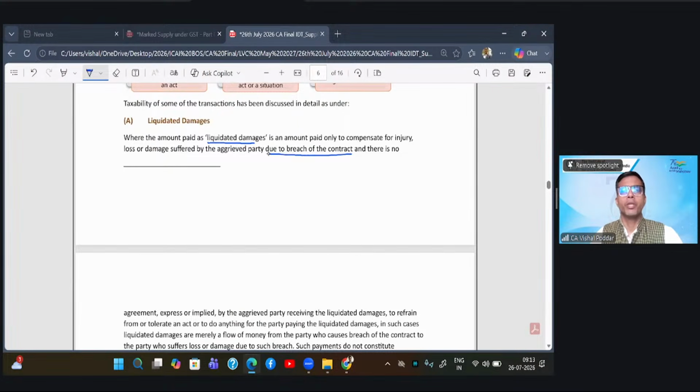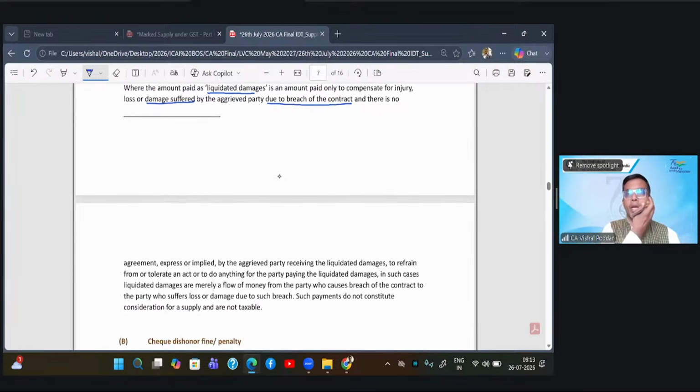Because there was some breach of contract because of which you suffered some loss or damage. To compensate for this loss or damage, whenever you receive any penalty or liquidated damages, you have to keep in mind that there is no express contract to receive the damage.